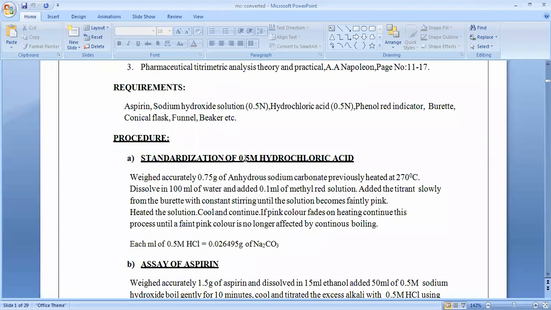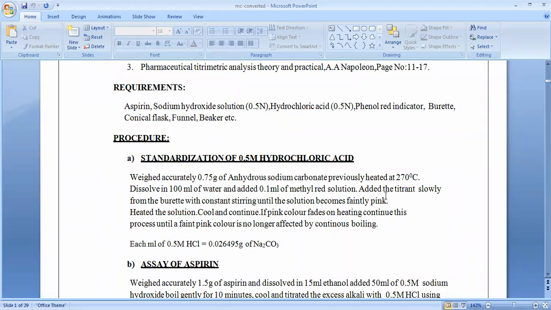For that, we weigh 0.75 grams of anhydrous sodium carbonate, which is previously heated at 270 degrees centigrade, and dissolve it in 100 ml of water, and to it add 0.1 ml of methyl red solution.